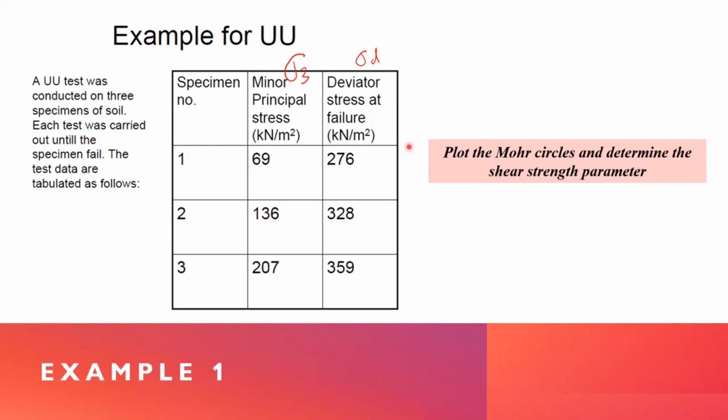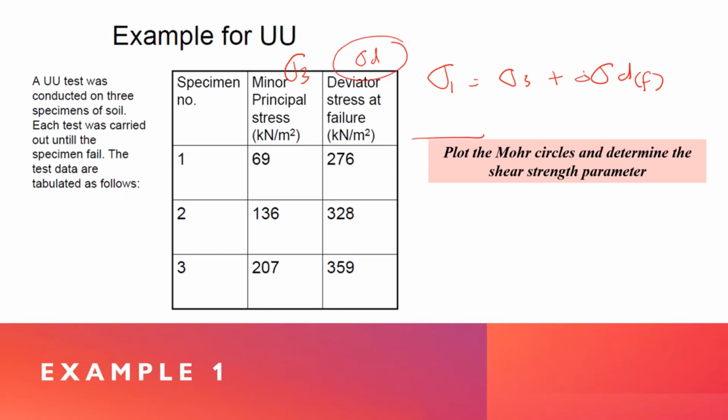We already have 2 sets of information here, which are sigma 3 and sigma d. So what you can do now is to calculate sigma 1. Sigma 1 is equal to sigma 3 plus the deviator stress at failure, which is given here.